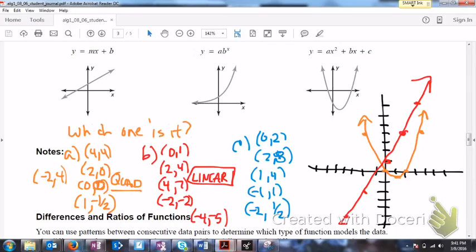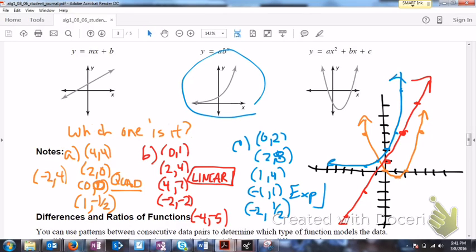Well, let's graph them. (0, 2), right about there. (1, 4), right about here. Skipped one. Got to do (2, 8), way up here. (-1, 1), and (-2, 1/2). What happens if I connect those? That is exponential. As you can see right here, that one is exponential.